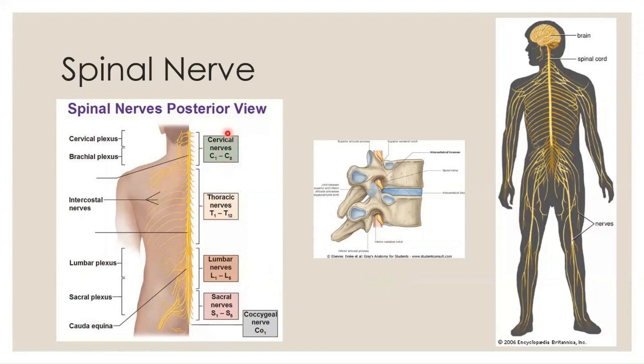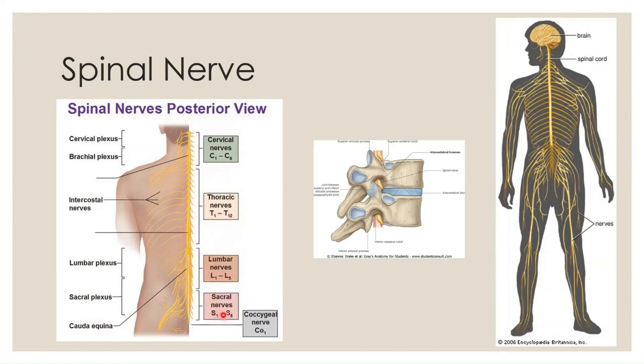Here you have the cervical nerve. So you have 7 cervical vertebrae, but you have 8 cervical nerves, as I said earlier. So one leaves from above the first, and the last leaves below. And after that, you have the same number of the spinal nerves as the vertebrae. So you have 12 thoracic vertebrae, 12 thoracic nerves, 5 lumbar vertebrae, 5 lumbar nerves.